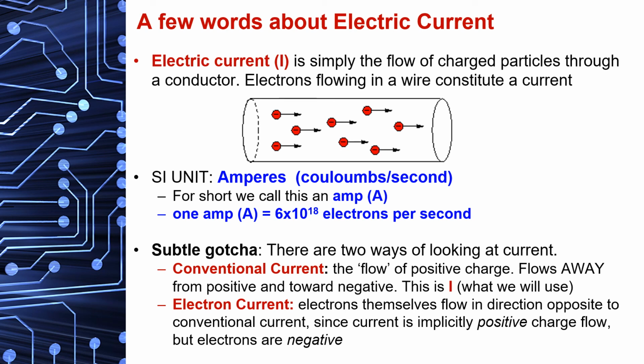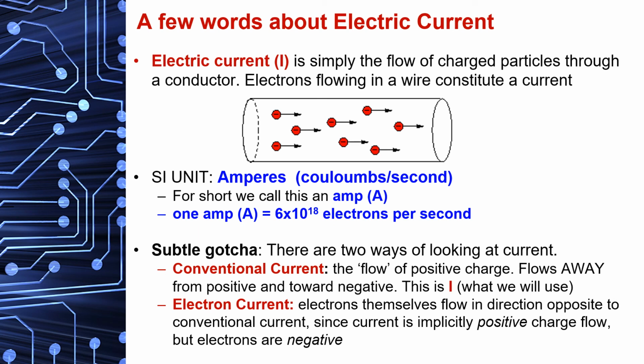Now, our unit for that is going to be something called a coulomb per second. And a coulomb is simply a measure of charge. Remember, all those little electrons are carrying tiny negative charges. And that adds up when you have a lot of electrons moving or flowing through the wire.